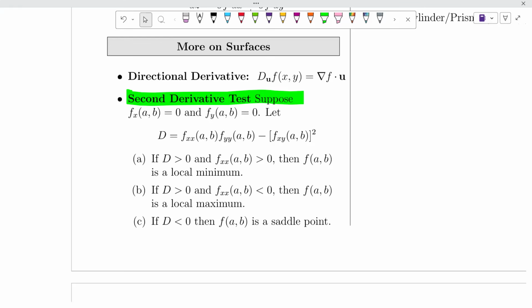So if both of those derivatives are positive, somewhat counterintuitively, I have a local minimum, because that means the thing is concave up, and a concave up shape is going to have a minimum down at the bottom of it. Conversely, if both of those second derivatives are negative, meaning my graph is concave down in both directions, I'll have a local maximum, because it's concave down, so I've got a local maximum at the top of that shape.